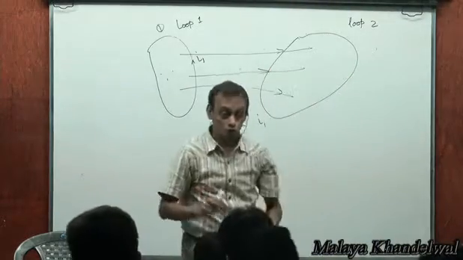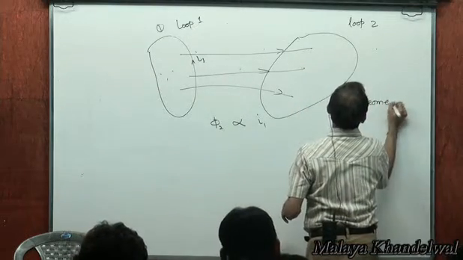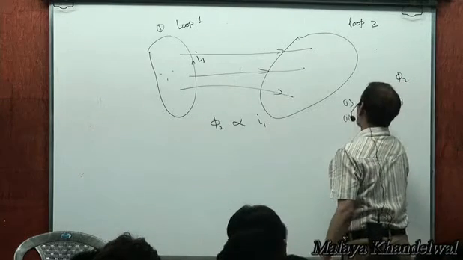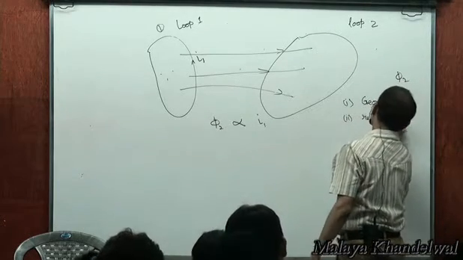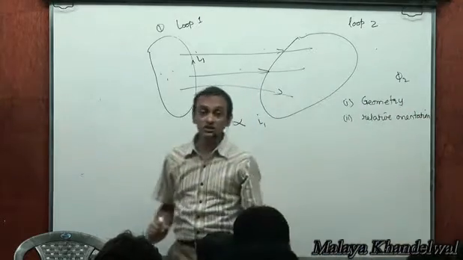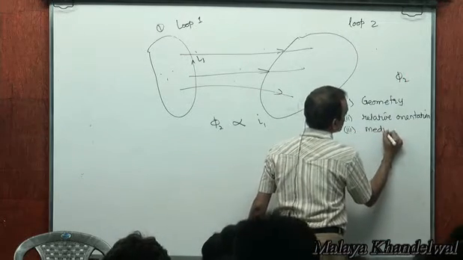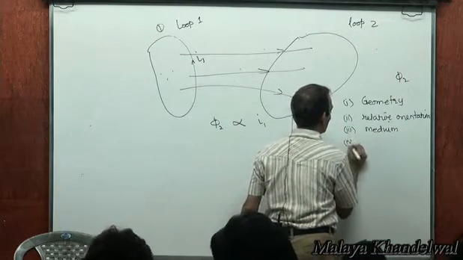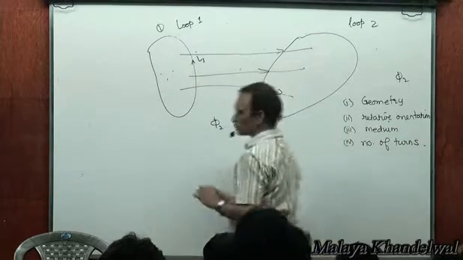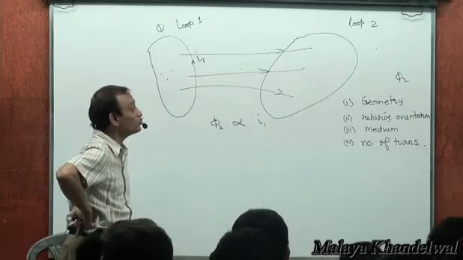It will depend on their relative orientations, medium and number of turns. This is what the flux through loop 2 because of current in loop 1 would depend on, right?